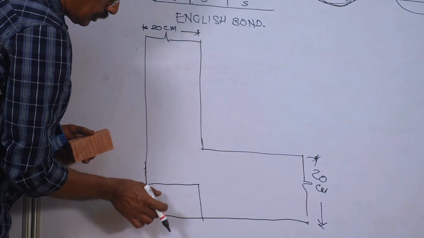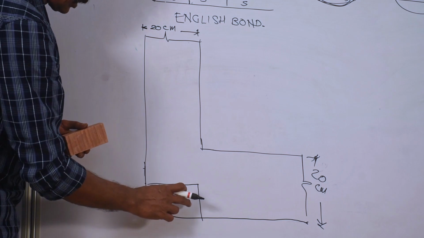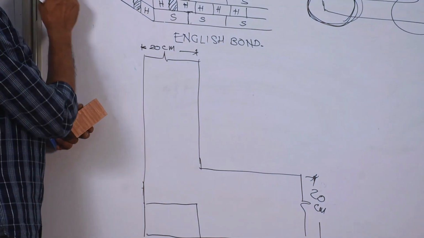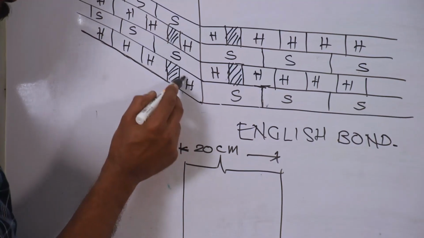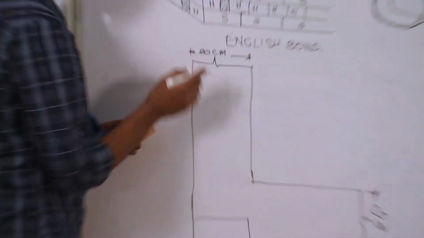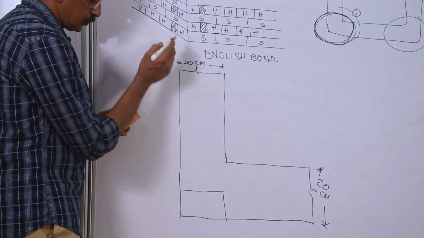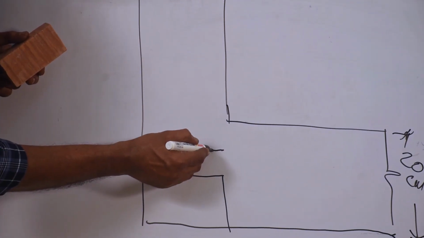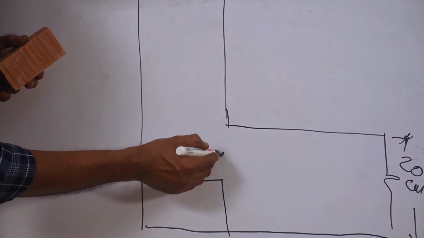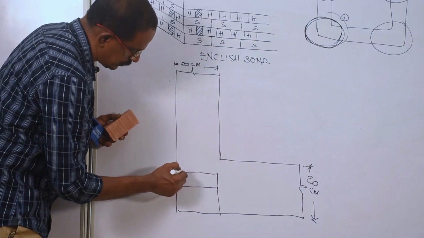Okay. Now either you can proceed in this direction or you can move in this direction. If you move in this direction, which is the second brick? This is the first brick, header and stretcher. Second brick is a queen closer. Queen closer, 5 centimeter width and 20 centimeter length. Hatch it.